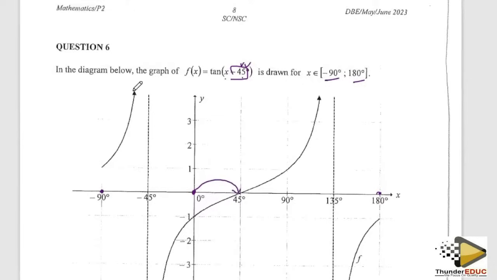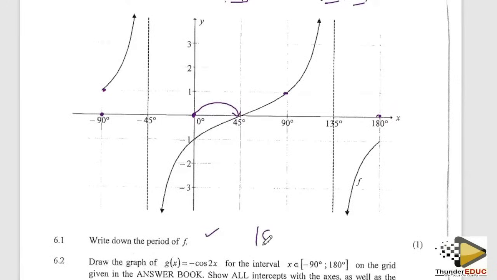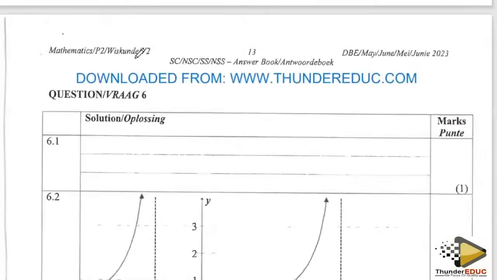Okay, so this and that becomes the full graph, and then this bottom part. Then we have that and this bottom part. So these are two graphs of tan. So our period, since there is nothing in front of x, is just going to be 180 degrees.